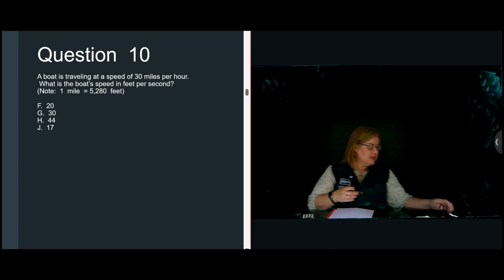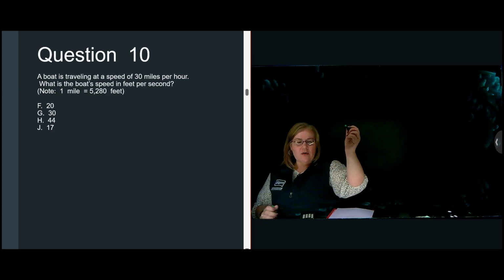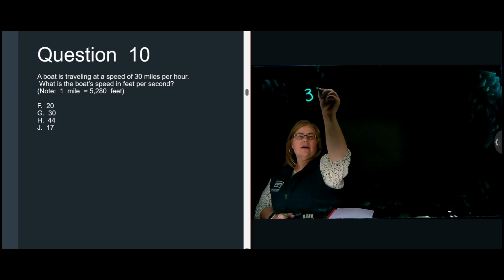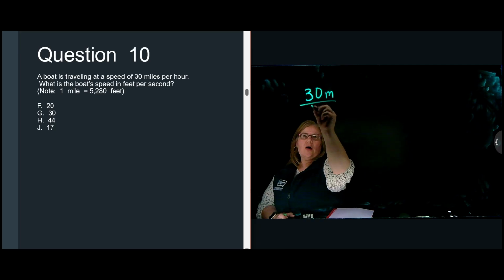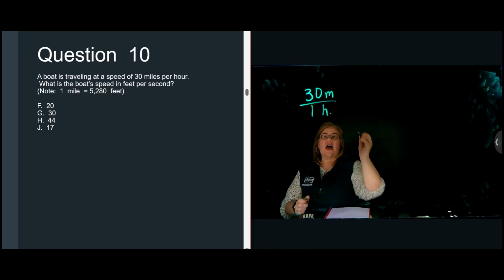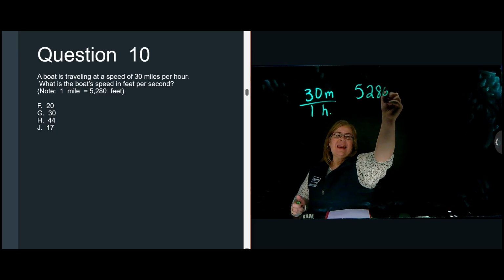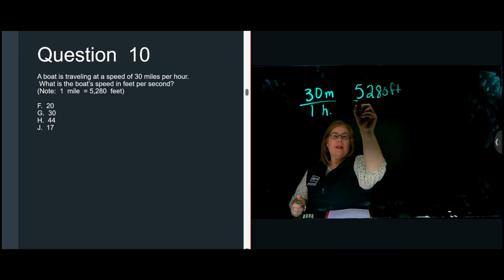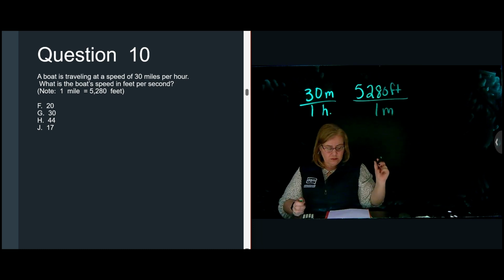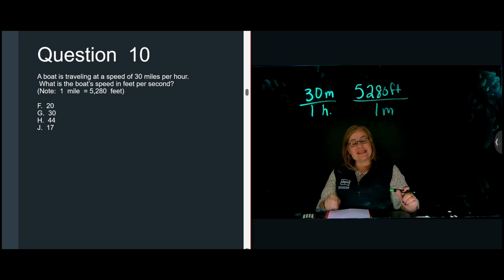So the first thing I need to look at is I know that we are going 30 miles per 1 hour. I also need to know that 5,280 feet is 1 mile. Now, it's wanting me to tell you per second, but it's given me in the problem in hours.